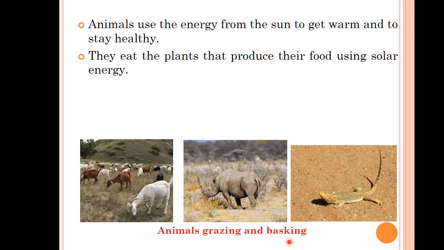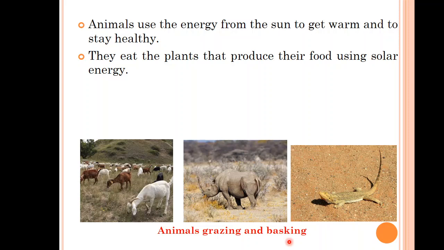So the solar energy is very important because it's through it that the animals are also getting their food. If there's no solar energy, the plants won't grow or put on fruits, and the animals won't be able to get the plants that they eat.